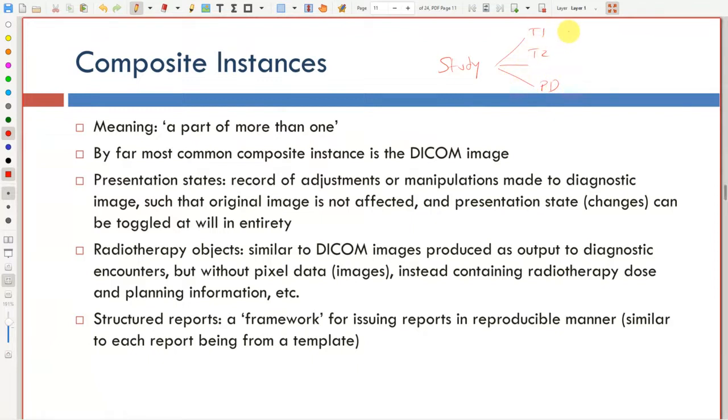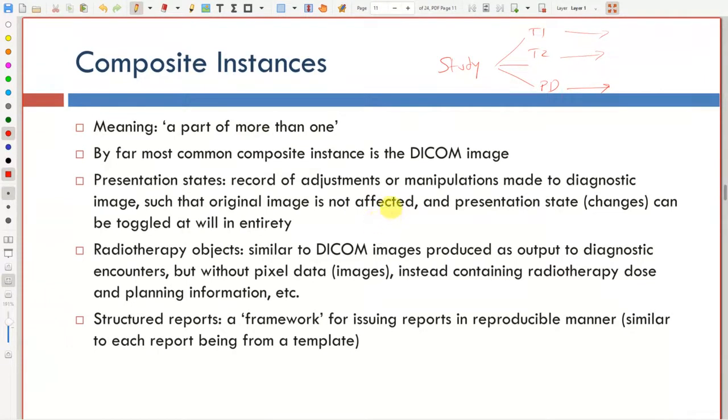So you might send these as separate DICOM files. If you want to link the three examinations together, you might label them as composite instances. It's a part of more than one. So it's a part of an examination that includes multiple parts.